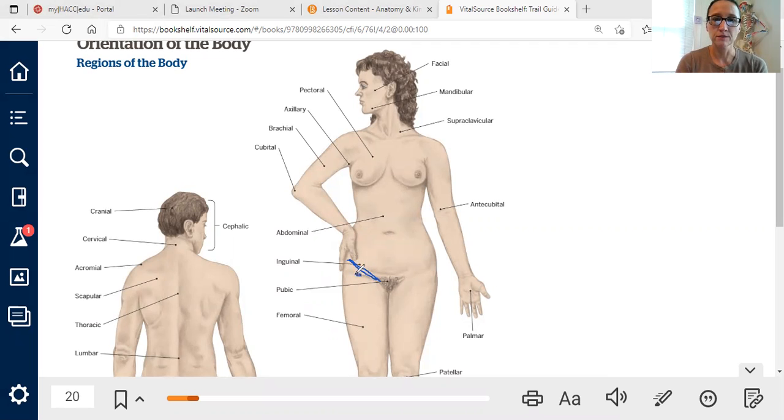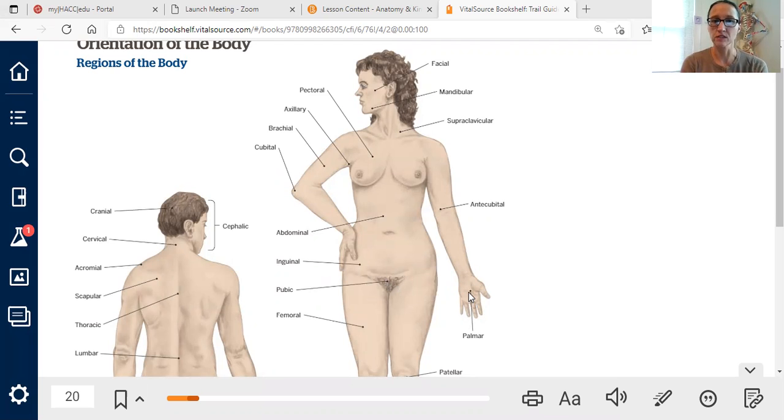You have inguinal lymph nodes in this area, and you have the femoral artery that runs down like this through this area. So the inguinal area has a lot going on there. But we also have hip flexor muscles in the inguinal area. So we will be working in this area right in here for hip flexors later on in the program. But that is the inguinal area. Of course, the pubic area is where the genitals are and the pubic bone is.